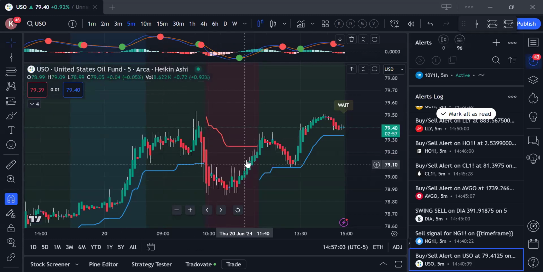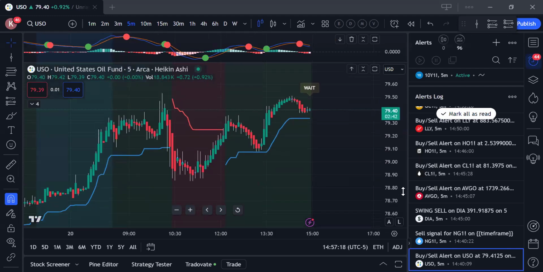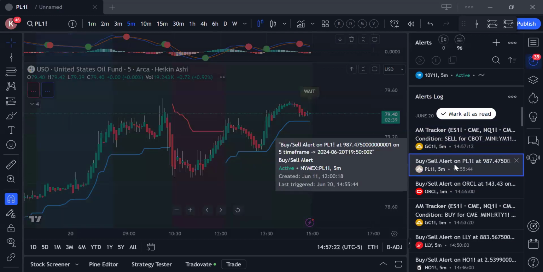If you are taking a short somewhere here, this red line will be your stop loss. It's only for the short positions. In the evening session, I'll show with live examples.